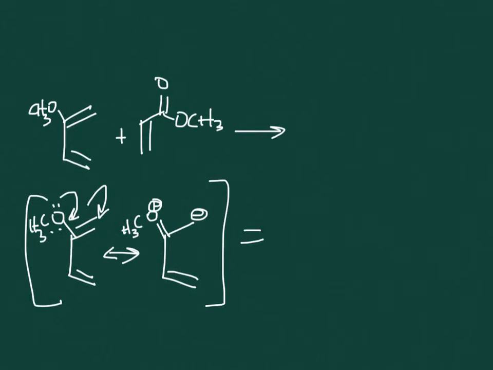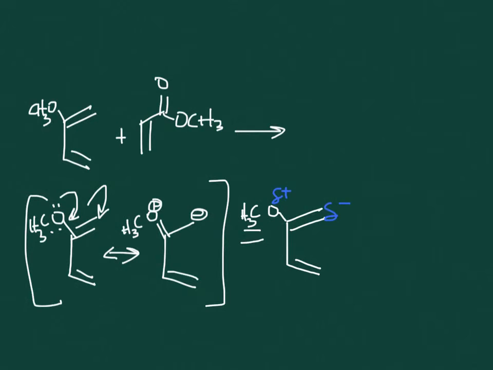So if we do the partial charges, we'll see that we have a partial plus on that oxygen and a partial minus on that carbon.